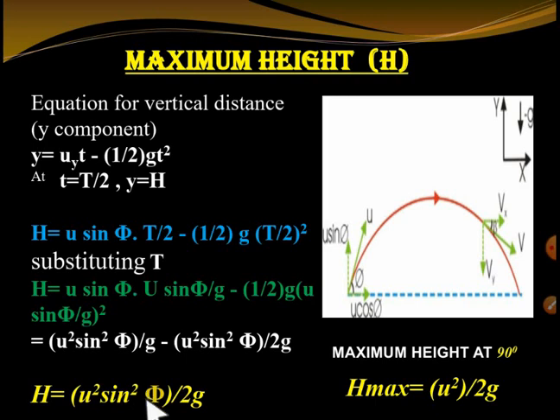So sine square phi is equal to 1 means sine phi must be equal to 1. That happens only when phi is equal to 90 degrees. So when you project the projectile vertically upward, the maximum height will be equal to u square divided by twice g simply.